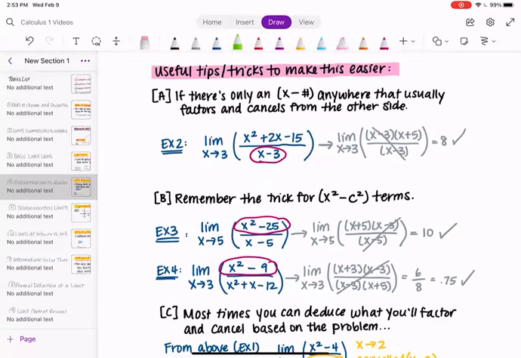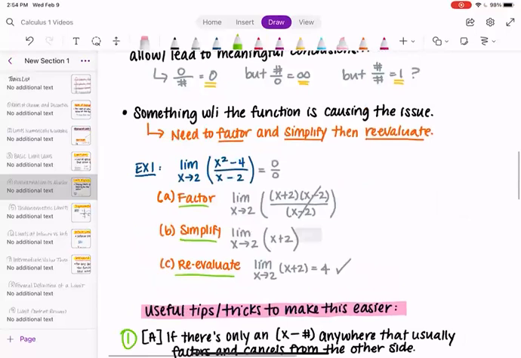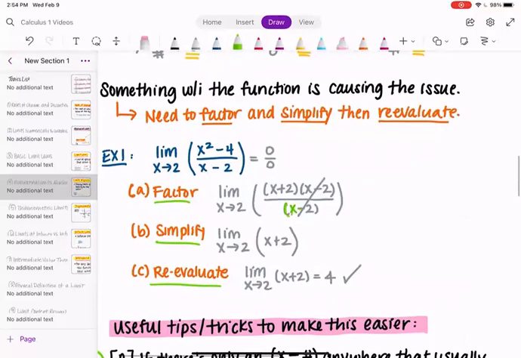The first little trick I wanted to go over: if there's an x minus something anywhere, that usually means that's what you're going to factor out and cancel. If you remember up here, it was this x minus 2 that got canceled with this x minus 2.